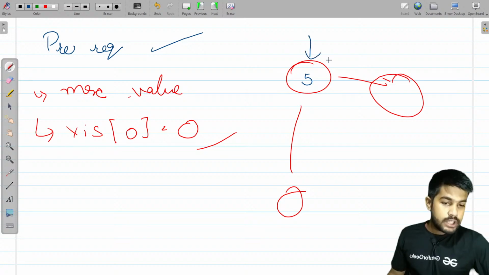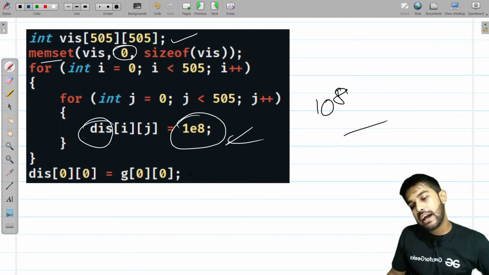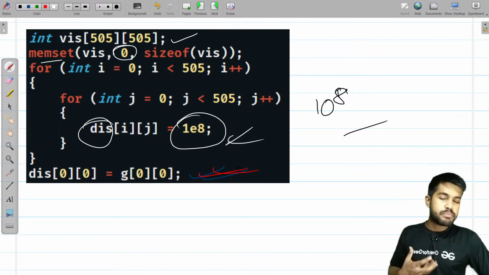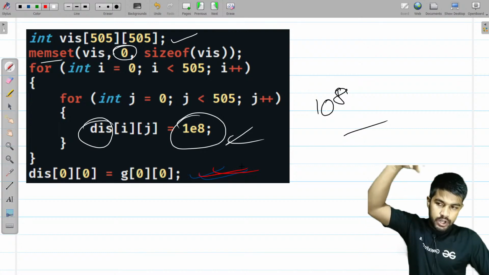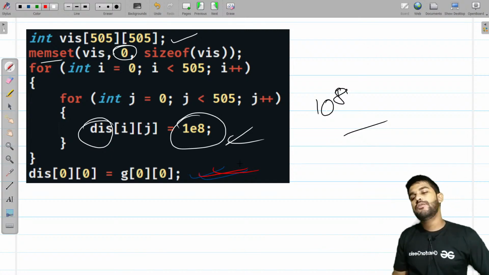The minimum cost to visit this would be the value at that point, no doubt, because there is nothing else. It would be predefined. That's why I am assigning the predefined value. It is kind of a base case. So we are on the first position and we take that cost itself.